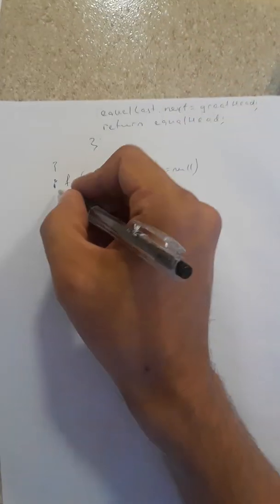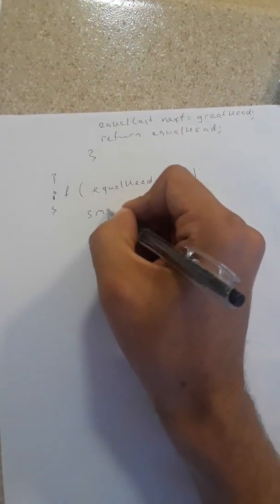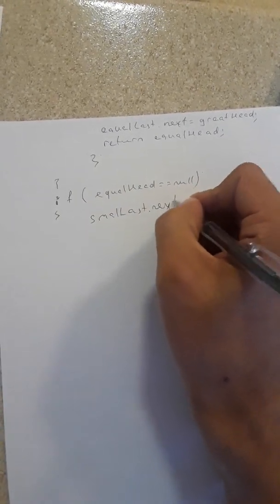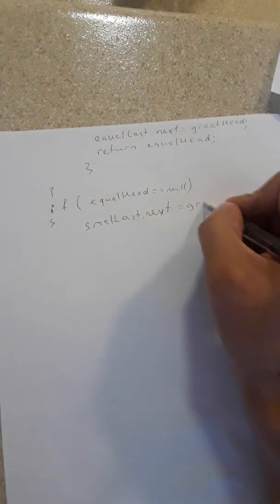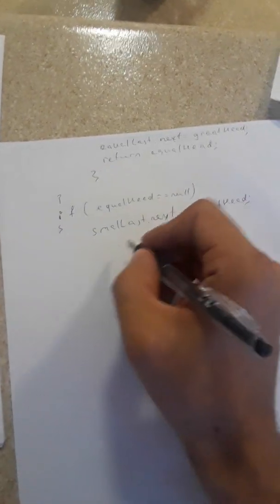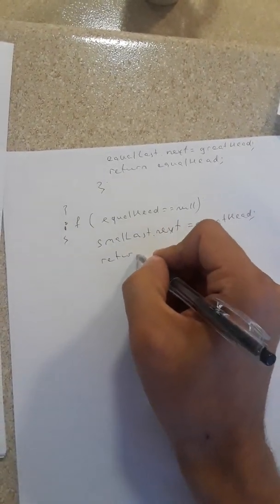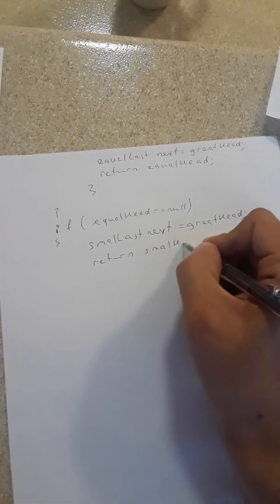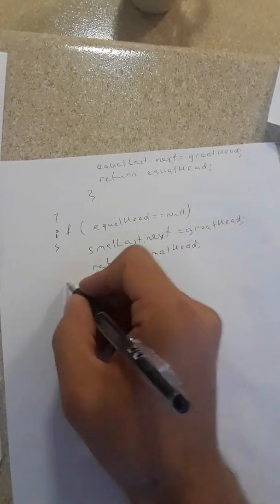So we'll just connect our small tail next to great head, and we will just return small head.